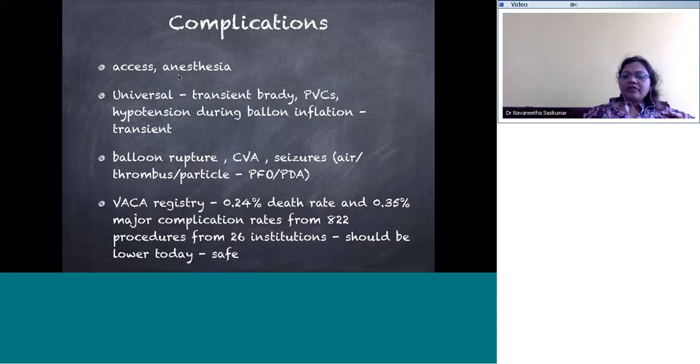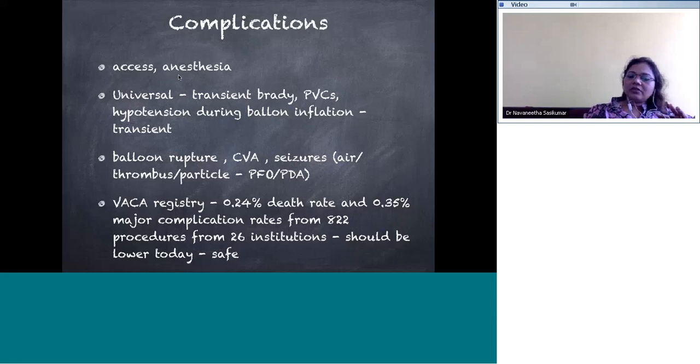The VACA registry is one of the oldest quoted, basic registries which give insights into most of the procedures which are commonly done today. In that registry, it was 0.24% death and 0.35% major complication rate from a large number of procedures from a good number of institutions.